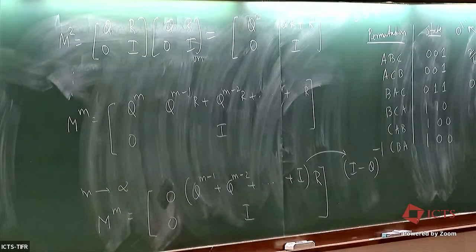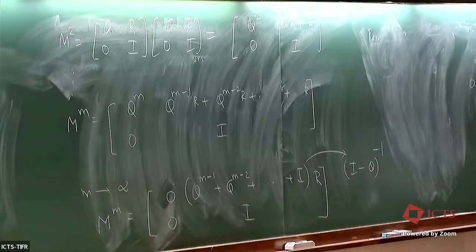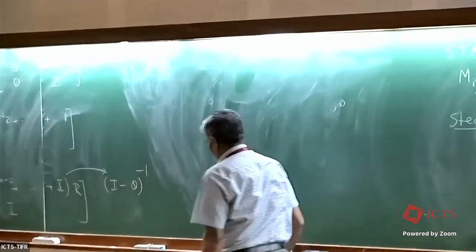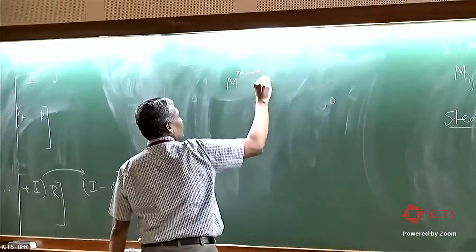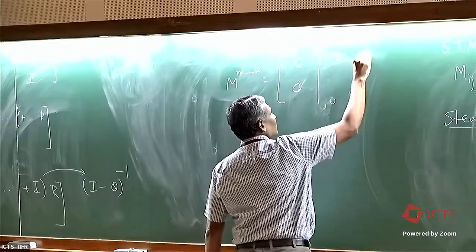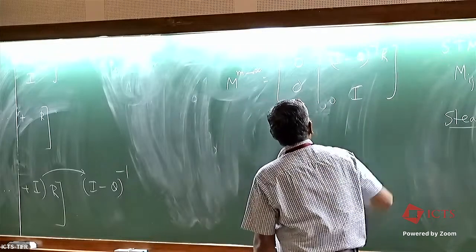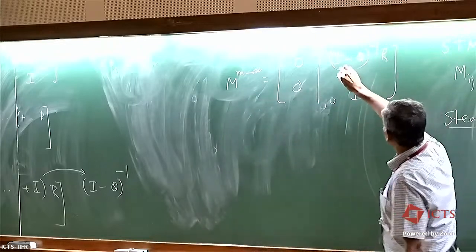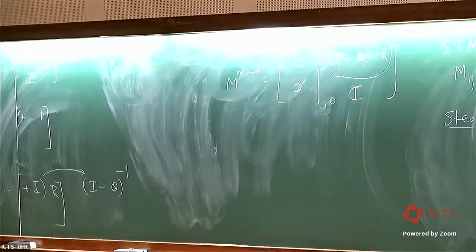So once you get this, the absorption probability, if I realign this as m going to infinity, it will be 0, I minus q inverse I. So the columns of this matrix will give you the absorption probability of reaching the fixed point of interest.